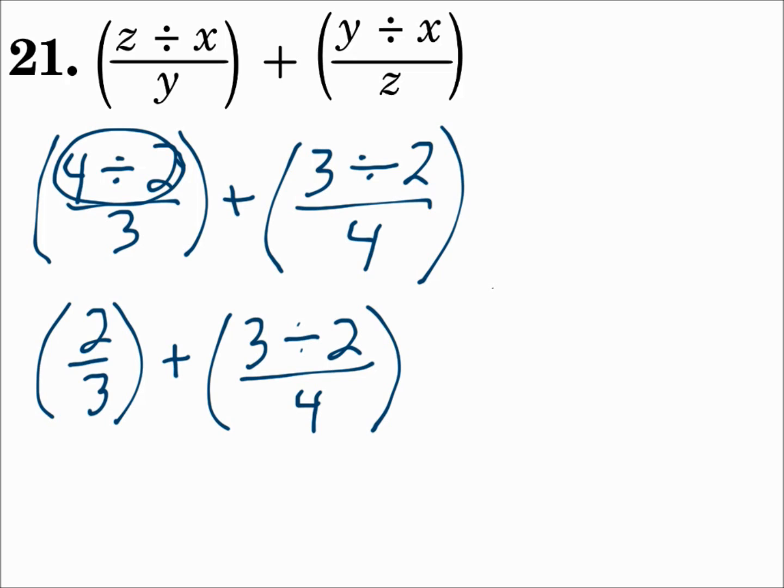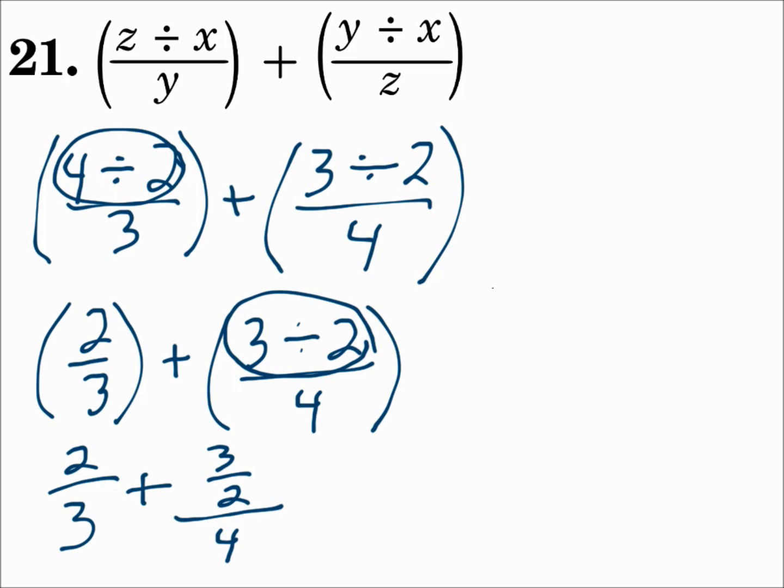Now let's move to the other set of parentheses. Within those parentheses, there's another fraction. Do the numerator first, 3 divided by 2. That won't go evenly, so I'll just leave it as the fraction 3/2. 3 divided by 2 is 3/2, and that is divided by 4.